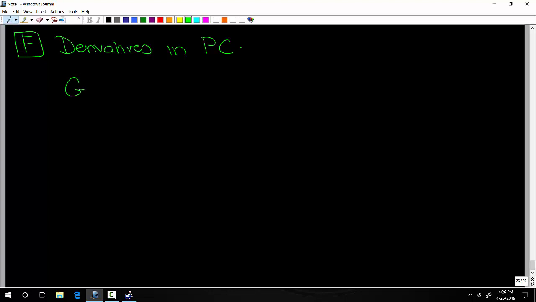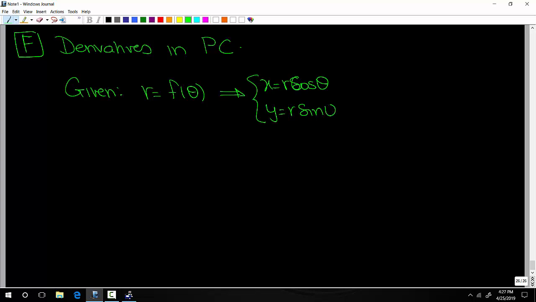So let's say you're given r is equal to f of theta. Okay, and I want to find the derivative. Basically, I want to find dy over dx. I do know that if this is in polar coordinates and rectangular coordinates, x is equal to r cosine theta and y is equal to r sine theta.